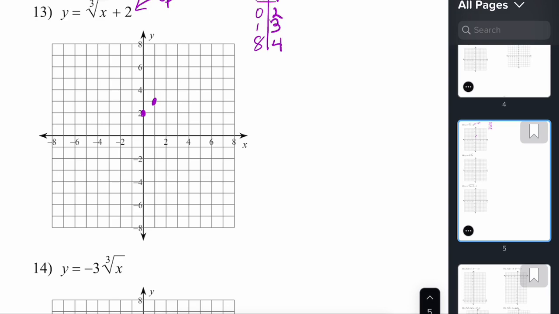Now, here's the thing about a cube root. Don't forget, you can plug in negatives. So let's plug in -1 and -8 as well. -1 is going to give me -1 plus 2 is 1. And then -8, the cube root of that is -2 plus 2 is 0.